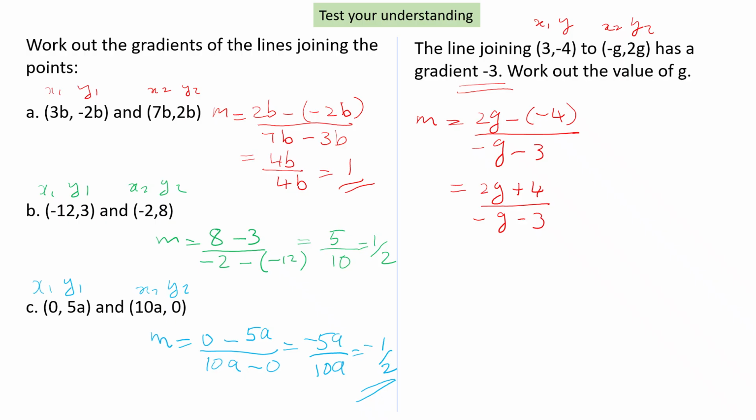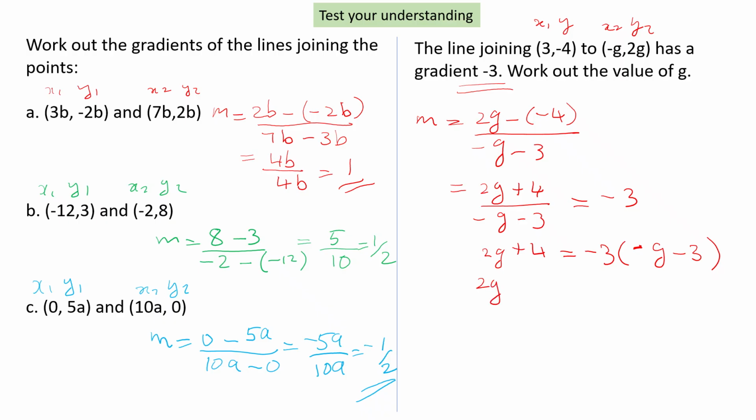So the gradient is given as negative 3, which is equal to negative 3. Now I am going to use cross multiplication. So 2g plus 4 is equal to negative 3 times negative g minus 3.